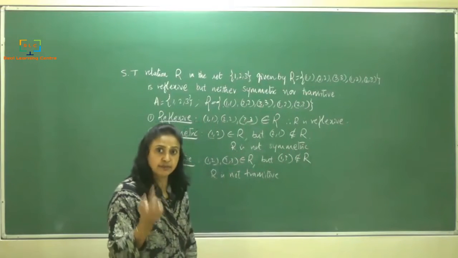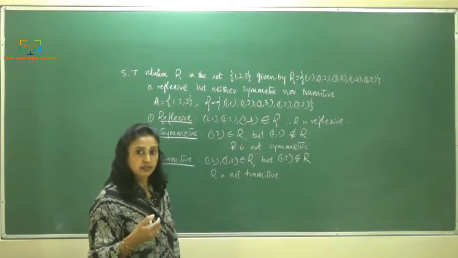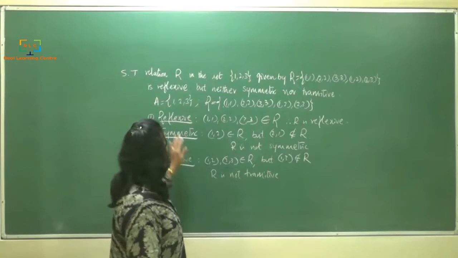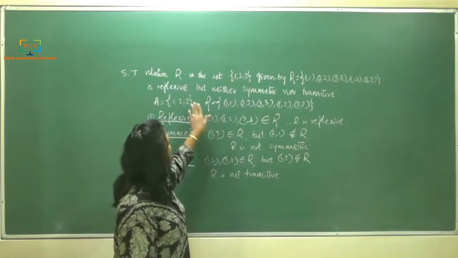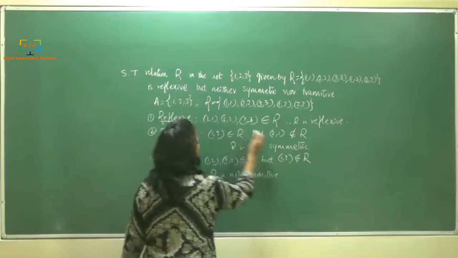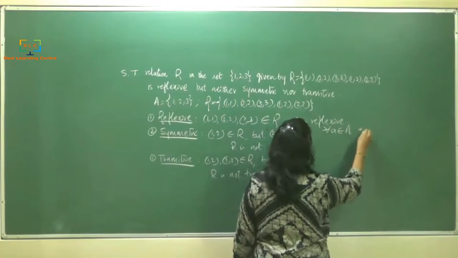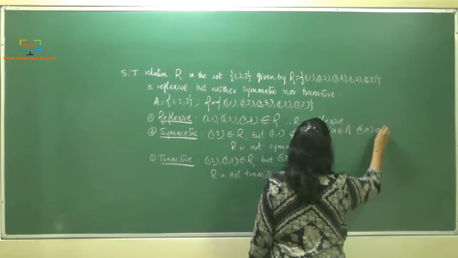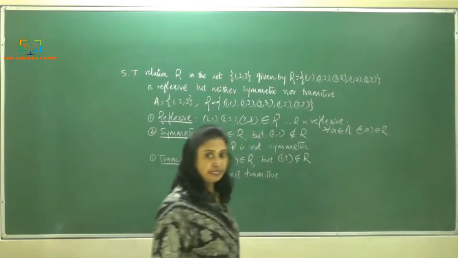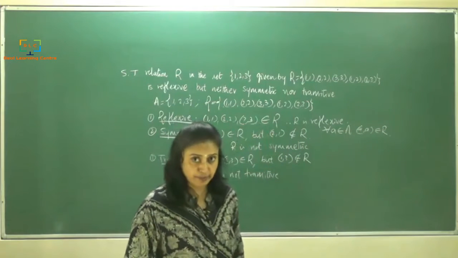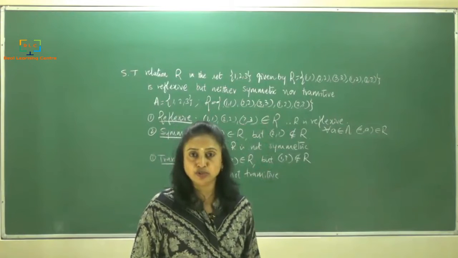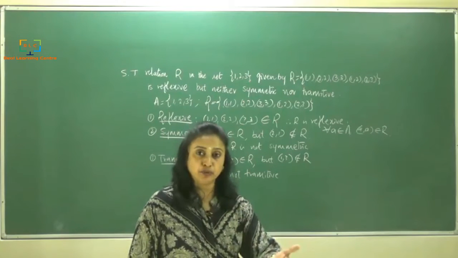But in case it is symmetric, you have to tell it orally that for all a belonging to the set A, (a,a) belongs to R. You have to tell like this. Now, where am I telling is, when they tell you statement problems, you should not take your own numerical example and start proving the statement problem.